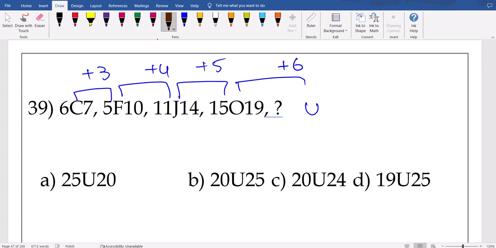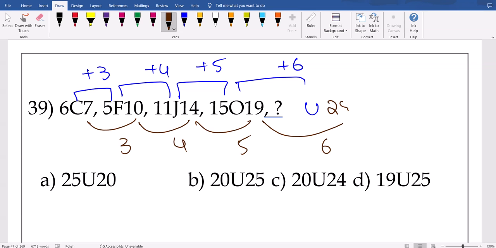Last number also quite good. Okay, 3 gap, 4 gap, 5 gap, 6 gap means 25. With U25, there are 2 options. U fixed everywhere. Okay, U25, 2 options.